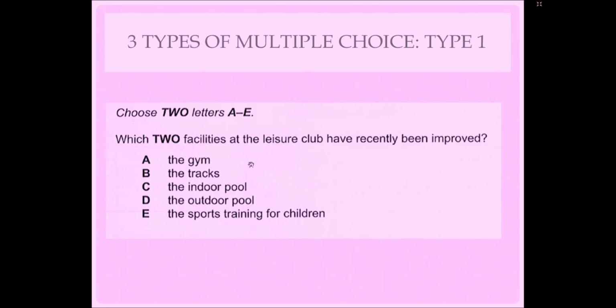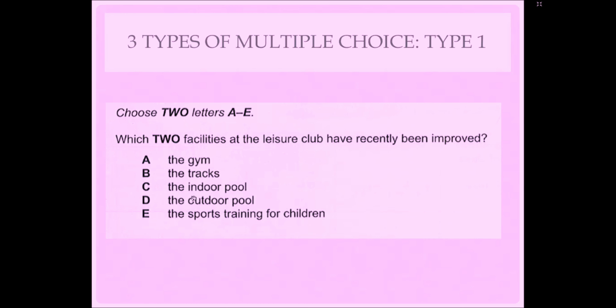So recently been improved. Recently been improved. Our first step is looking at the question, and we have to say, what's the key language I have to listen for? Well, I have to listen for recently been improved, because they're going to say all the possible answer choices. They're going to talk about the gym.